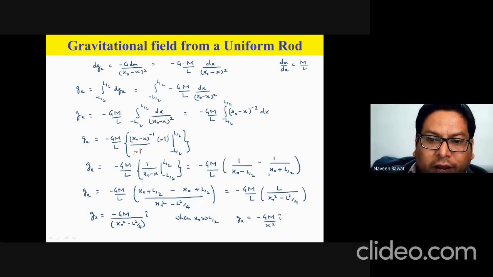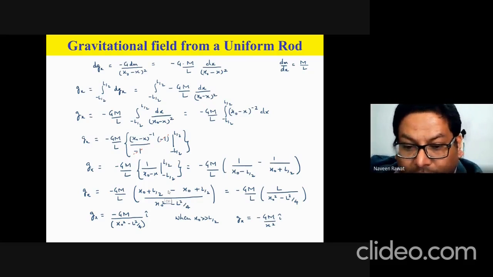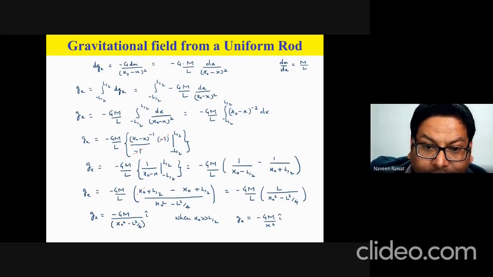And here you can just take the LCM. If you take the LCM, you get (x0 plus L by 2) as a factor on the first term, and in the second term you will get (x0 minus L by 2). So you have minus of (x0 minus L by 2), so it will become plus L by 2. You see, so x0 and x0 will cancel again, and you are left with L by 2 plus L by 2.